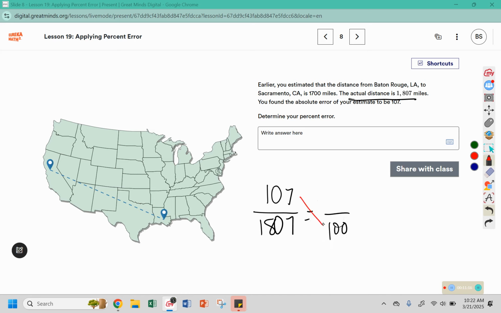We can cross multiply and then divide. 107 times 100 divided by 1,807 comes out to about 5.92142. We're going to round our percent to 2 decimal spots here. So the 1 makes the 2 stay, so I have about 5.92%.